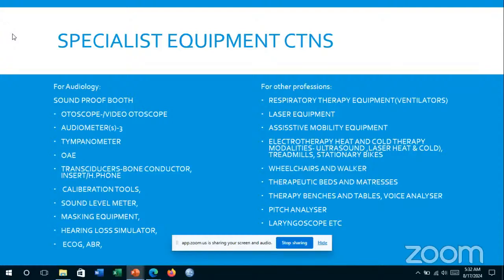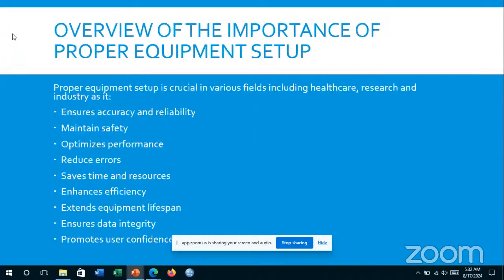Overview of the importance of proper equipment. It is crucial in various fields, including healthcare, research, and industry, because of what we derive from it. It ensures accuracy and reliability. It helps to maintain safety. It optimizes performance.